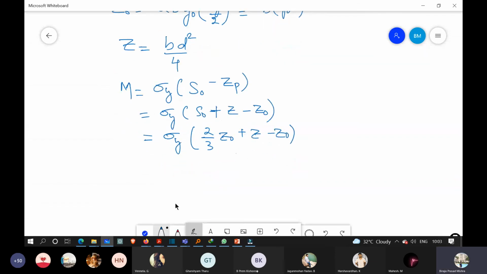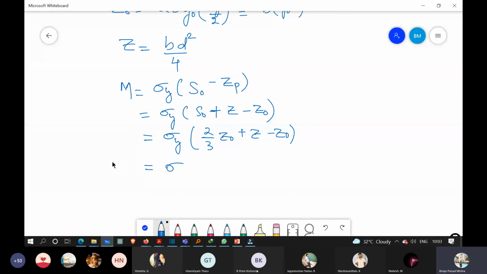The final value becomes: the moment at any rectangular section will be sigma y into (Z minus Z0 by 3). This is the moment value.